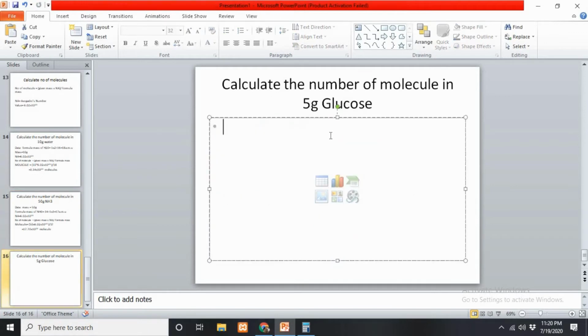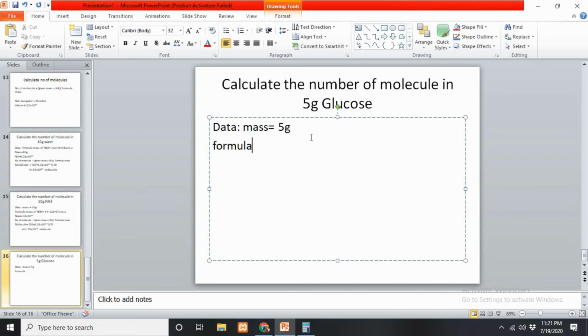The last question in our series is: calculate the number of molecules in 5 gram of glucose. First you have to create the data, and the second thing you have to write is the mass is equal to 5 gram. Formula mass of glucose: the formula of glucose is C6H12O6.